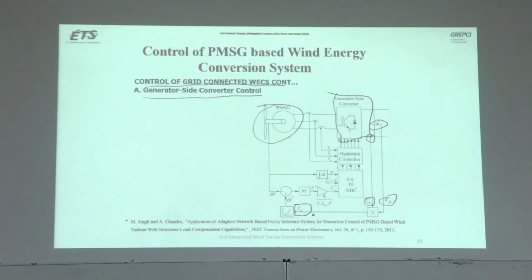This is the power which is coming to the DC link, voltage multiplied by current. For that power, you then use this curve, which is the topmost point for each wind speed, where you draw this cubic curve, and from there, whatever P is there, you get the corresponding reference speed, right?